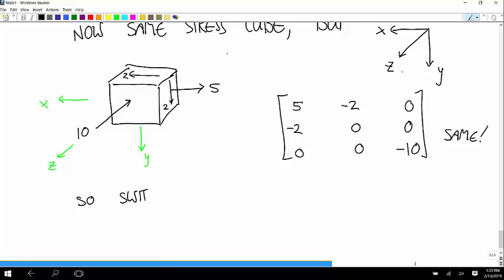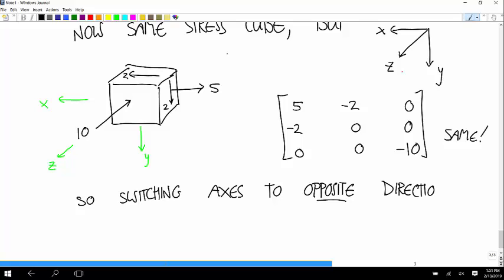So switching axes to the opposite directions didn't affect the stress. Okay.